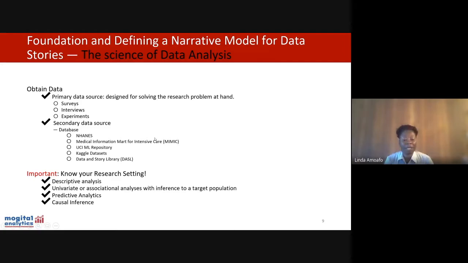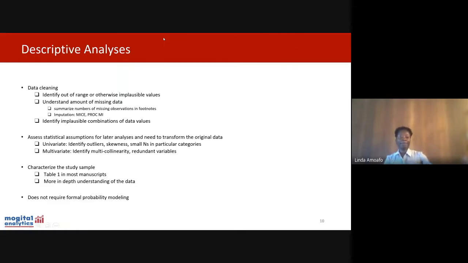Once we've obtained our data, the very important thing we need to take care of is to know what our research setting is. That is, do we want to do a descriptive analysis? Do we want to do a univariate or associational analysis with inference to a target population? Do we want to do predictive analytics or a causal inference, which we will talk about as we move on?